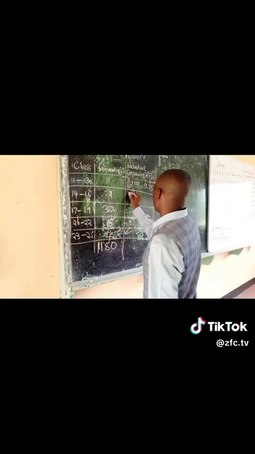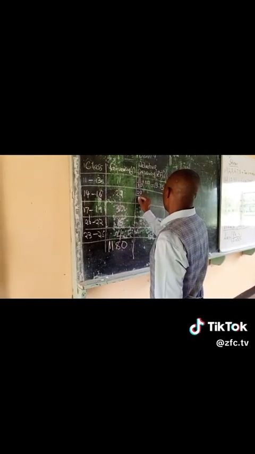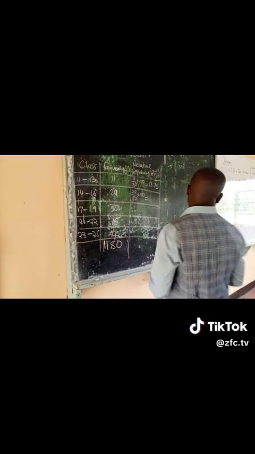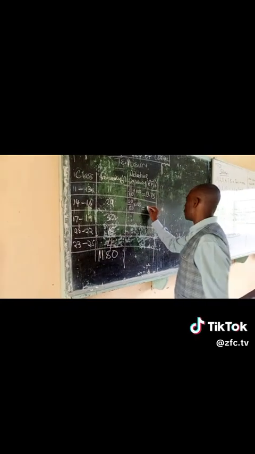Again, for the next one, you say 20 over 80 multiplied by 100. Using your calculator, that will give you 25%.